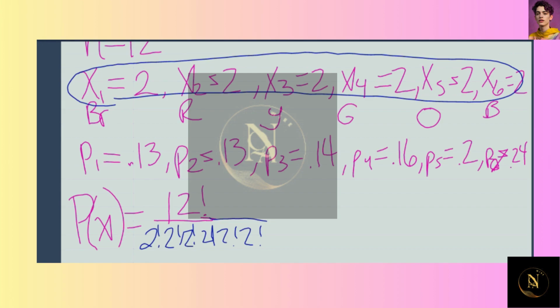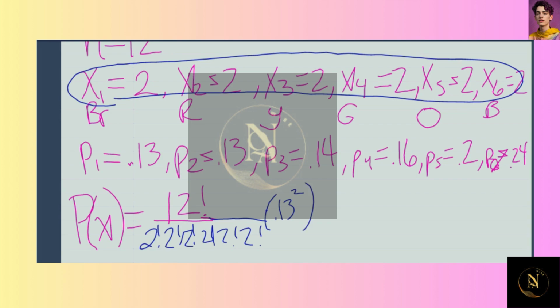And then at the very end of our work, we have to write out our probabilities raised to whatever the x's are as if they were powers or exponents. So we're going to start off with the probability being your big numbers, the 0.13, and it's going to get raised to the second power.